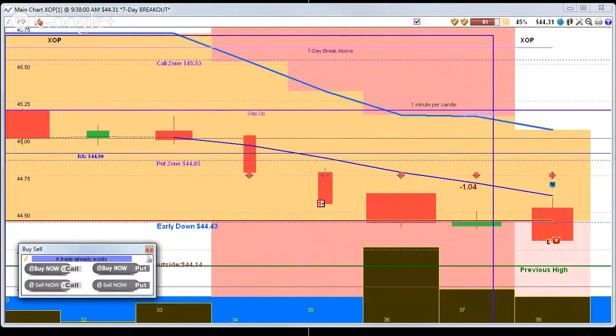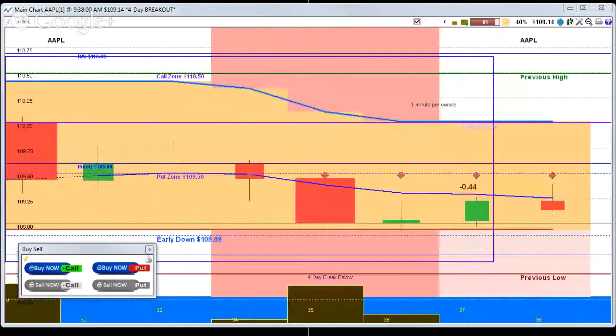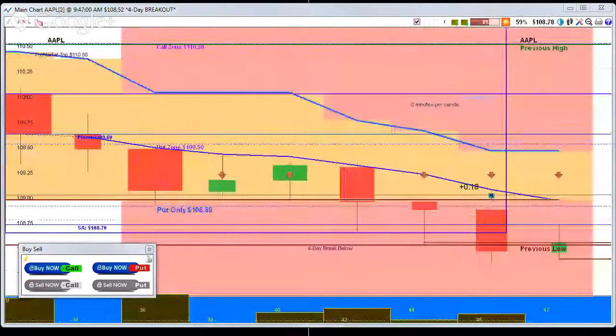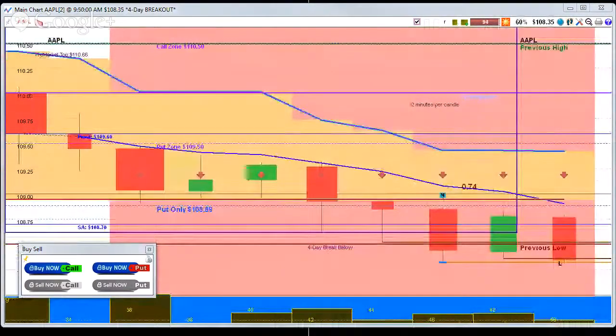So that was XOP. The next one that we looked at was Apple, and that happened at 9:50. So I'm just going to take us there. Here is 9:50. Again, we're moving forward more quickly, and this one I liked. I won't get into all the reasons why, but we're just going to hit the buy put button, and you're going to see what happens.